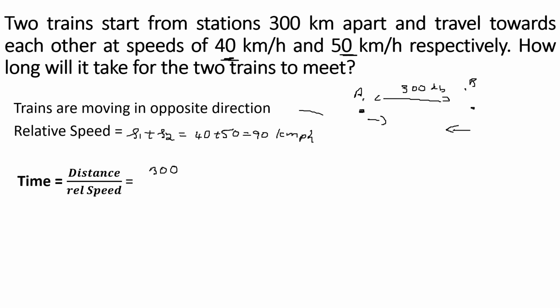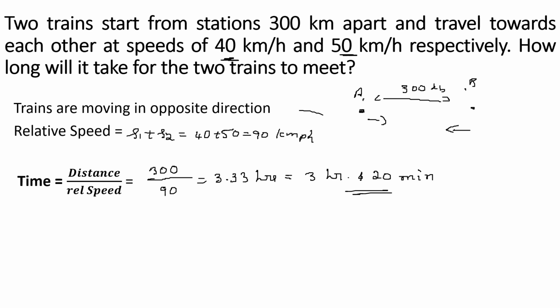So the gap between the trains is 300 kilometers and the relative speed is 90. So 300 divided by 90, that is 3.33. That is in terms of hours. And if you want to convert into minutes, multiply by 60, you will get 3 hours and 0.33 hour converted into minutes, 20 minutes. So required time just to meet each other is 3 hours and 20 minutes.